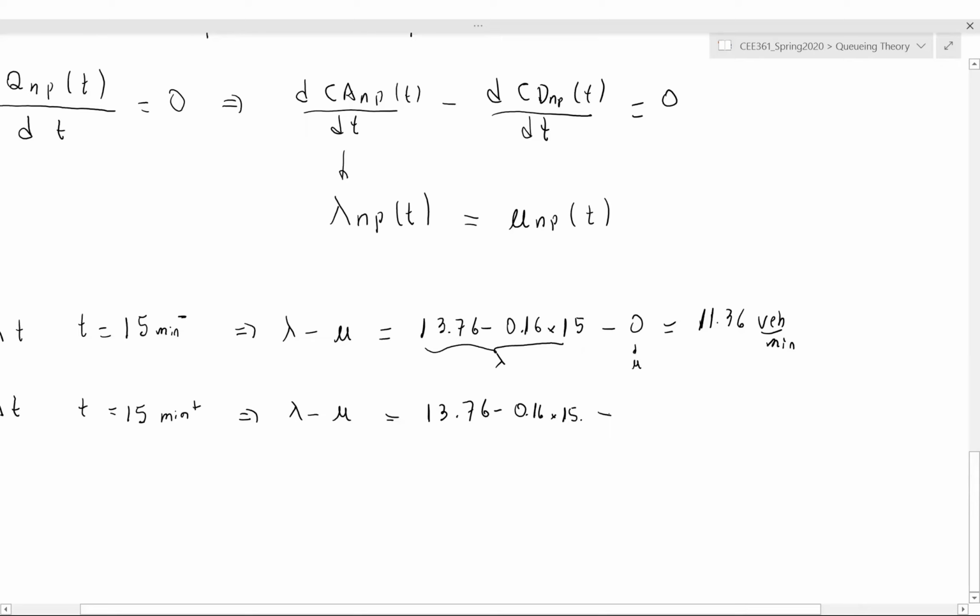But now the rate of mu, it's 20, right? So that gives me minus 864. And we have a change in sign. And that tells you, oh, here I have this location of the maximum.